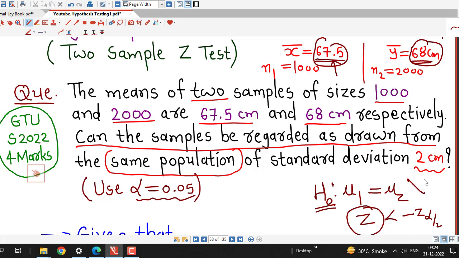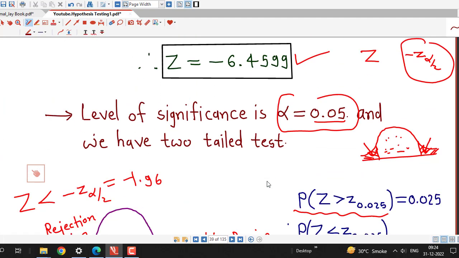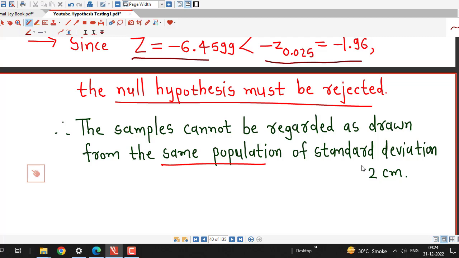Therefore we reject this null hypothesis, and therefore we can say that there is significant difference between these two population means. That means we cannot consider samples as come from the same population. So final answer is: the samples cannot be regarded as drawn from the same population of standard deviation 2 centimeter.